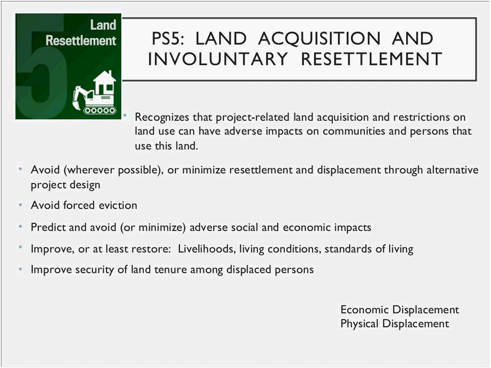So what this standard does is that it recognizes that the project-related land acquisition and the restrictions on the land use can have adverse impacts on the community. And that is only if you have to move someone from their houses, but if you move someone from their farm, then you're not only affecting their housing, you're also affecting the economic activity that they have.